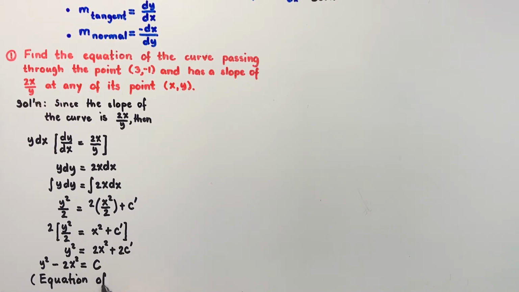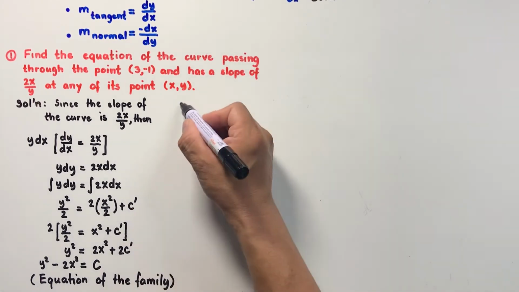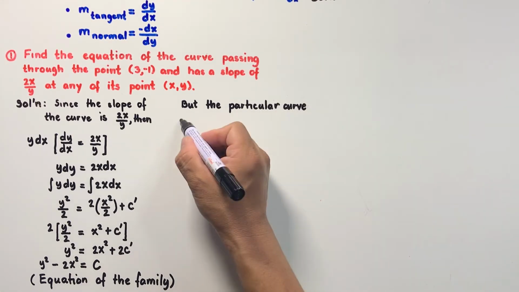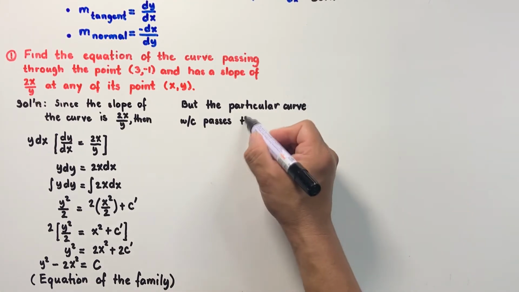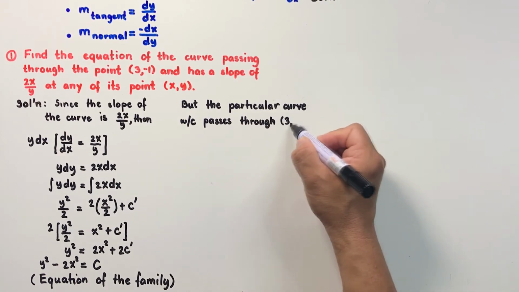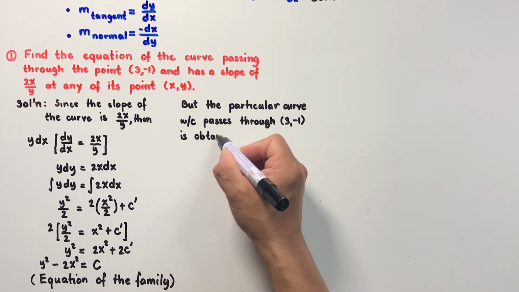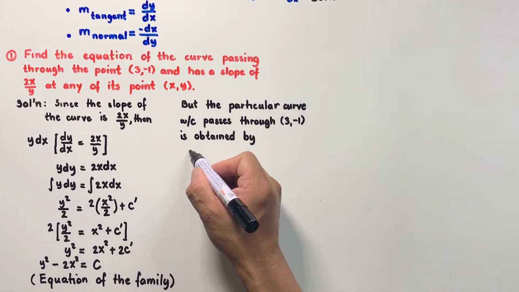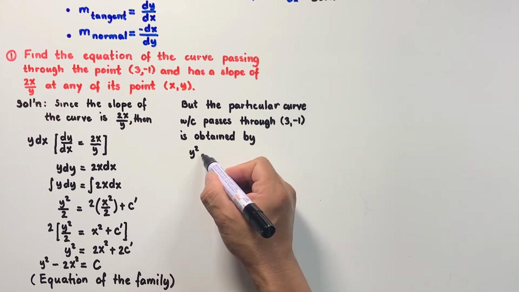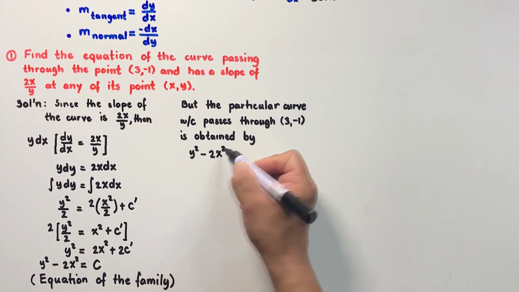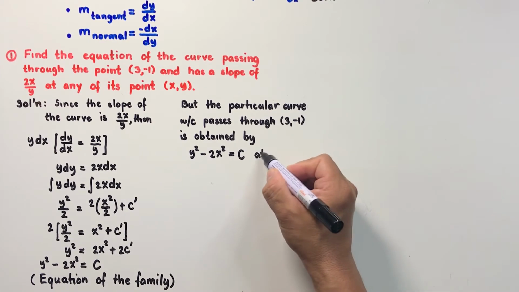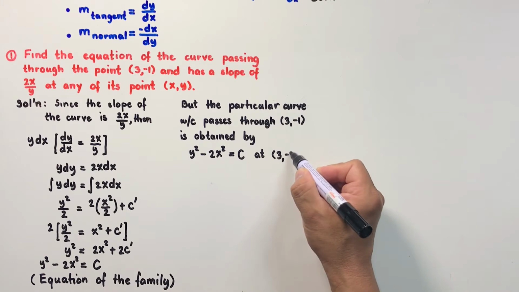Then therefore, we now have the equation of the family of curves, but the particular curve which passes through (3, -1) is obtained from this equation of the family of curves, y squared minus 2x squared equal to the constant c at the point (3, -1).